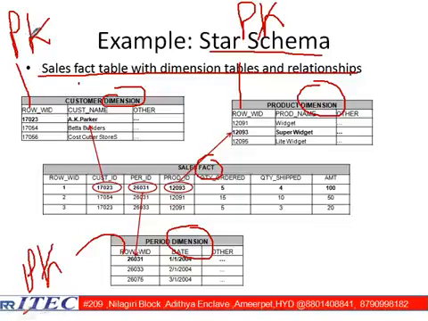And whatever primary key column is available here, is that available here or not, sir? So this is called what, sir? Foreign key. Whatever is available here is also available there, that is also a foreign key. That means in the dimension table, the primary key is going to act as a foreign key in the fact table.